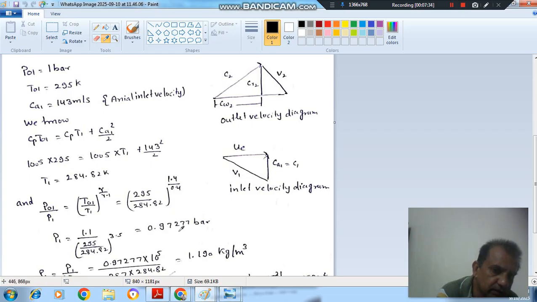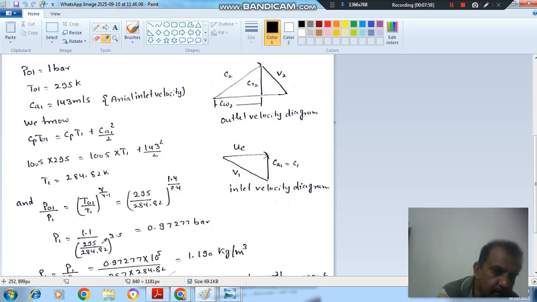So we can find out this P1, that is static pressure. Why have we found out this P1? Because we have P1, we have T1. From this P1 and T1 we can find out density rho, and from this density we can find out mass flow rate. So that would be the answer to the first question.